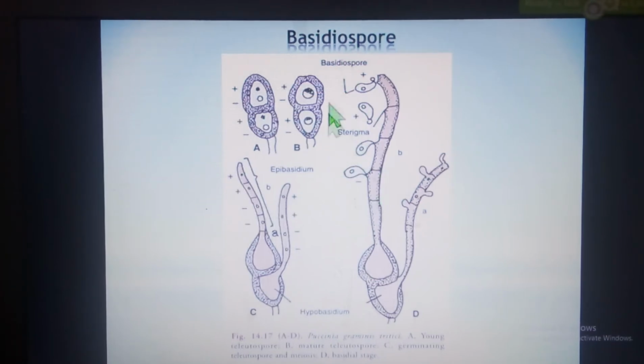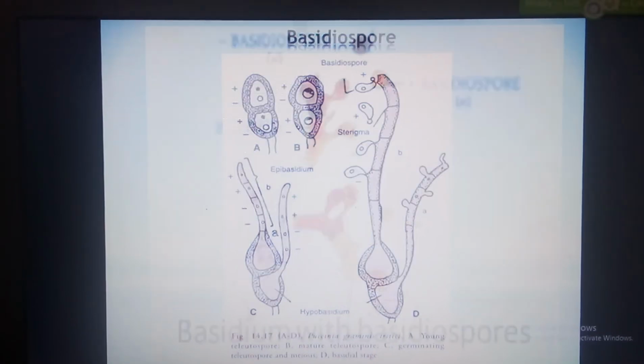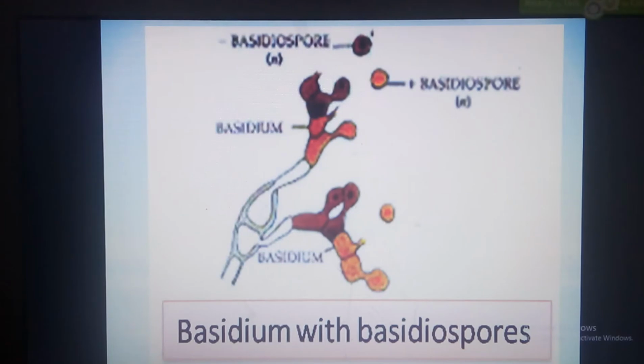But those spores which cannot come in contact with the barberry plant will eventually die. Those basidiospores that come in contact with the barberry plant will start to germinate, forming another type of spore, that is the pycnospores.